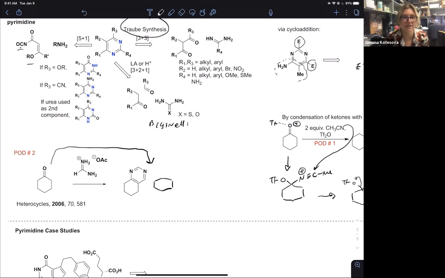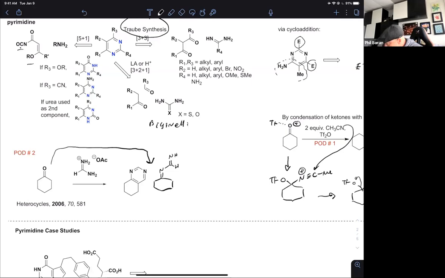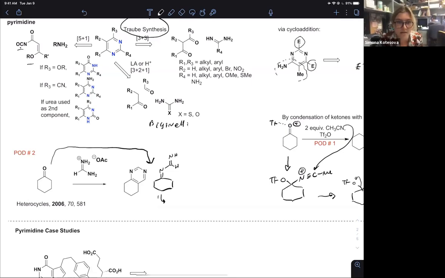Sure. So I guess your formamidine can condense onto your cyclohexanone. Okay, now what? And then you can form the enamine. And then that can attack another equivalent of your formamidine.